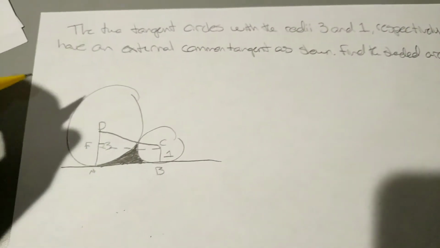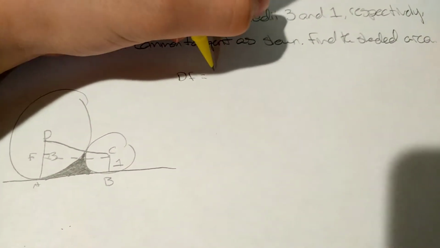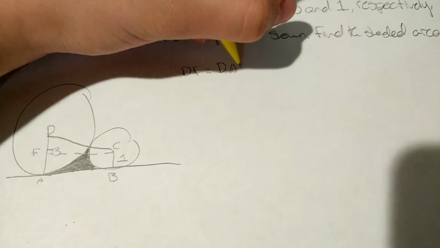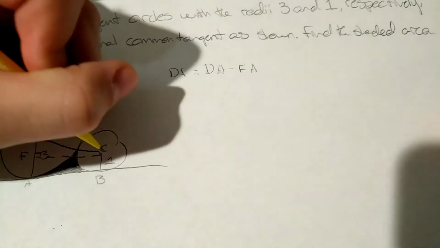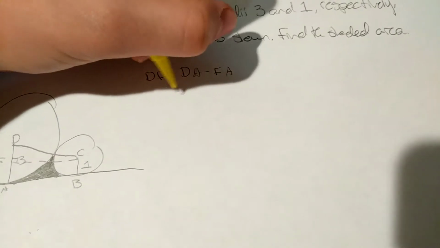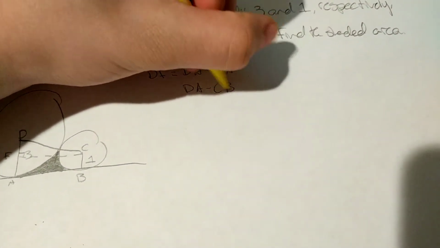So the first thing to notice is that DF is equal to DA minus FA. Now, FA is equal to CB, so that is equal to DA minus CB.